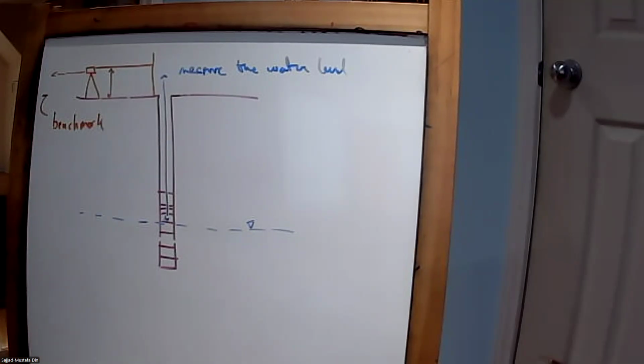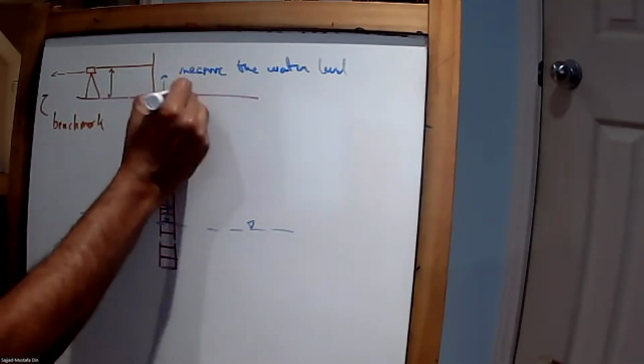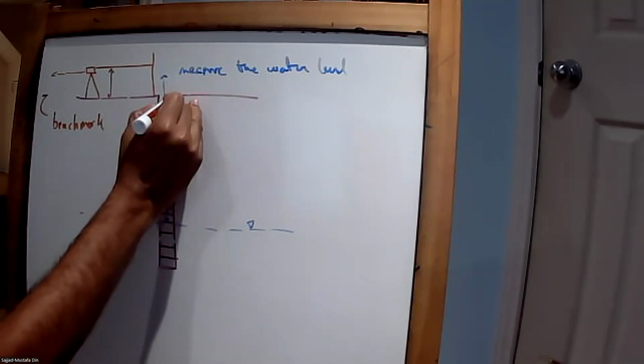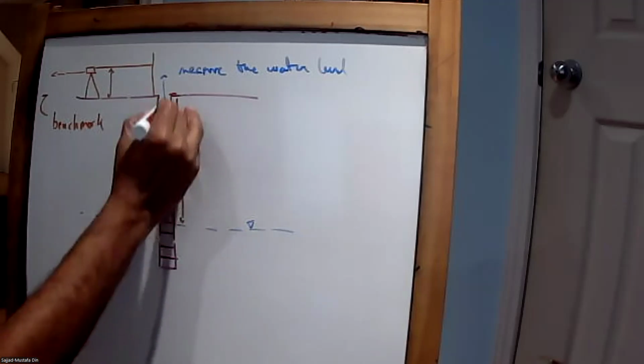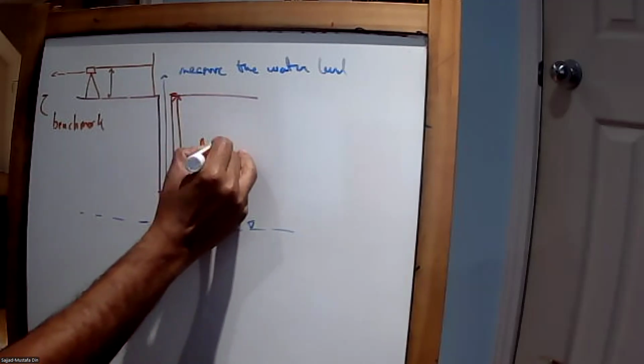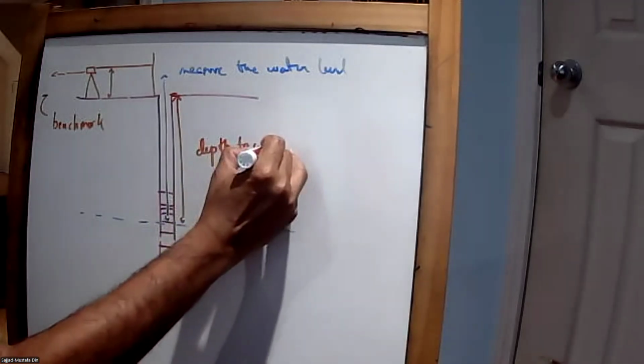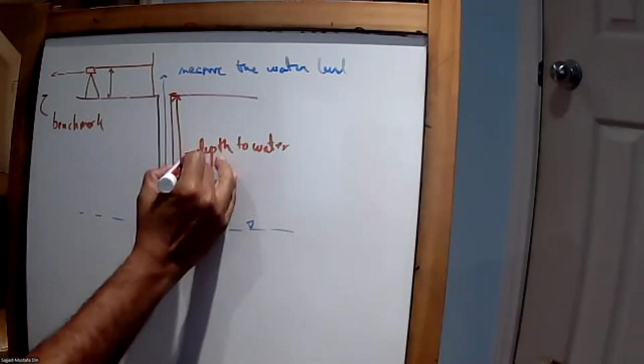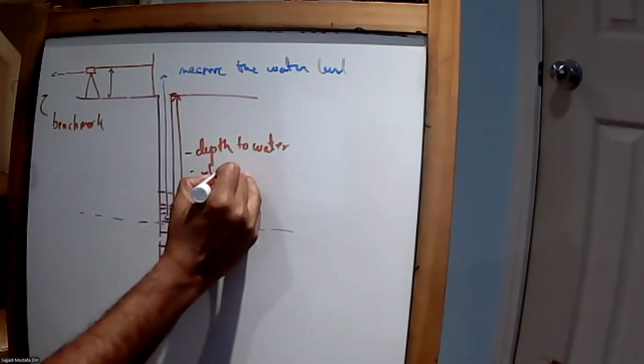I'm assuming you're familiar with these terms now. So now you have the ground surface elevation, and compared to that, you're measuring the depth to water. Based on that, you can now determine the elevation of the groundwater.